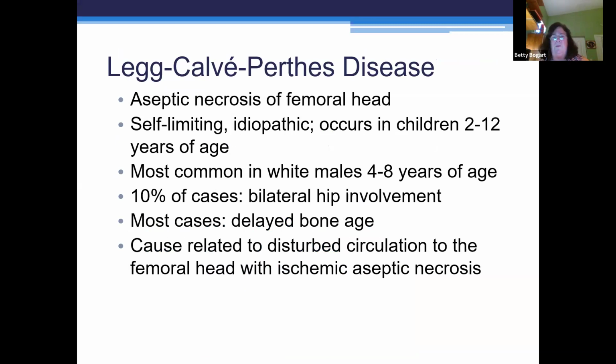It's not antibiotics, it's not viral, we don't know, so we treat it just by rest. To relieve pressure on that femoral head, we might put them in Buck's traction. Sometimes it's bilateral, but usually it's one of the femoral heads.